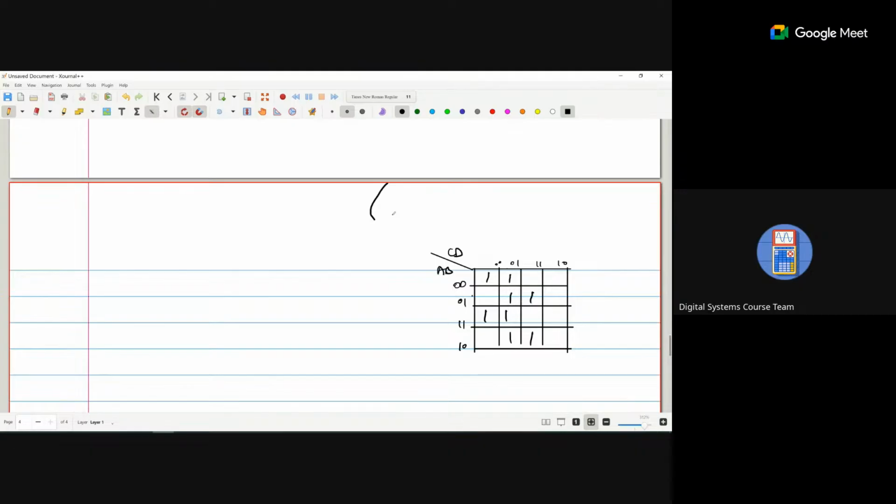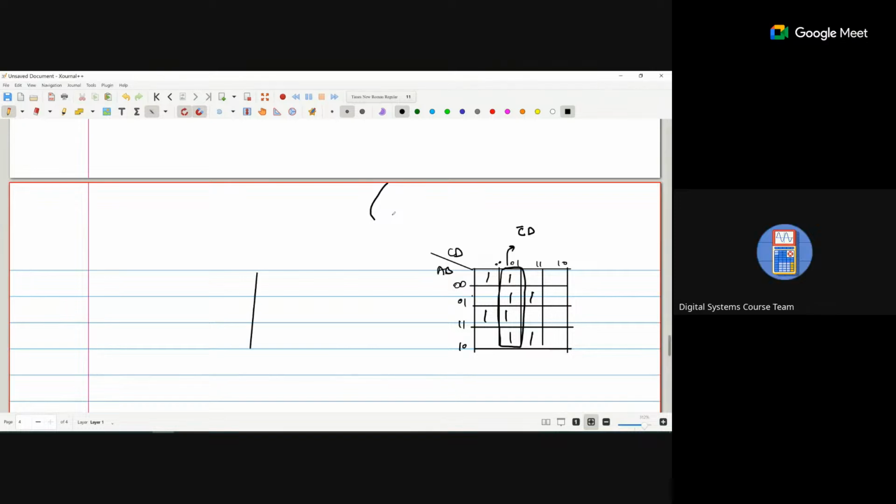Here, if you create a group, this is your group. So what is the value for this one? It is C bar D. Any doubt? No, sir.